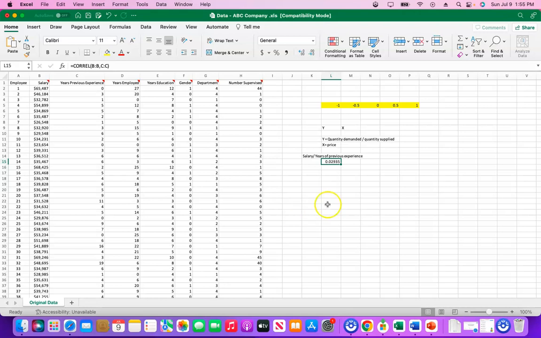So in this case, you can see that there is some relationship between salary and years of previous experience, but we can say that this is not significant. The correlation is not significant because, although it is positive, it is way below 0.5 and almost 0. So we can say the correlation is not significant.